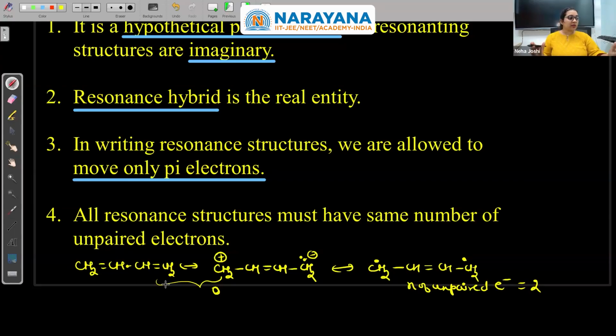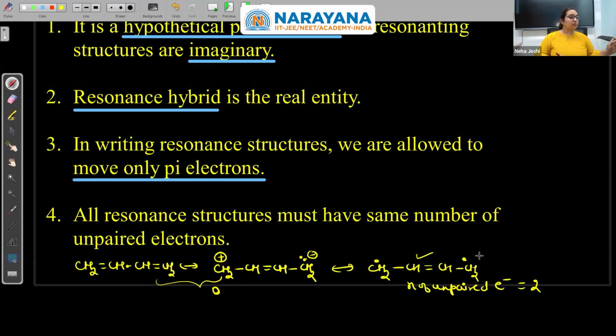But there has to be some fixed behavior that a hybrid is exhibiting. And if the hybrid is exhibiting a clear and direct observation that this 1,3-butadiene is behaving as diamagnetic, then we cannot have these structures.